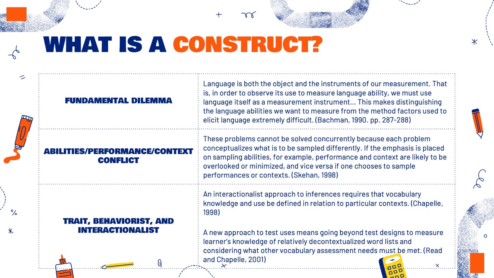They then use examples from the three different approaches to definition of the construct to illustrate this framework: trait, behaviorist, and interactionalist, Chapelle 1998. Their application of Chapelle's 1998 definition of the interactionalist approach to inferences with respect to vocabulary knowledge is particularly relevant here. An interactionalist approach to inferences requires that vocabulary knowledge and use be defined in relation to a particular context.